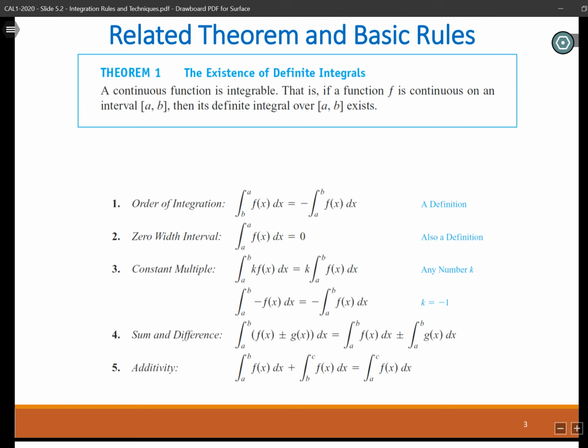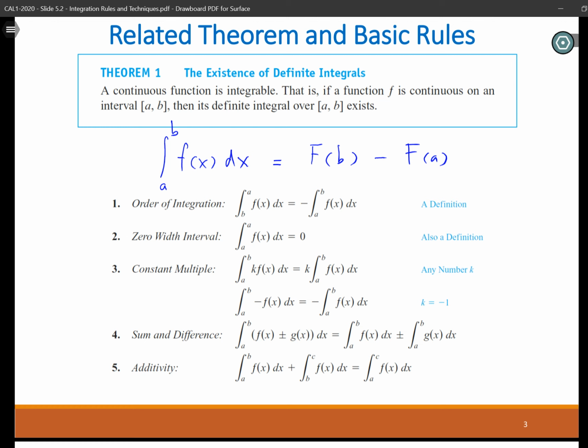What it says is that if you integrate a certain function, f of x, with respect to the variable x, and you know where it starts, x equal to a, and ends at x equal to b, this is going to be equal to the antiderivative evaluated at the endpoint b minus the antiderivative evaluated at the starting point a.